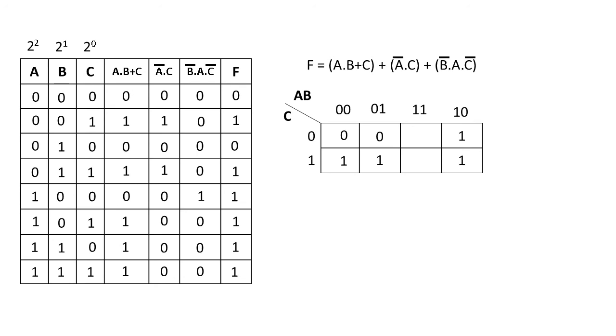Now go to the seventh row, 1 1 0, A1 B1, and C equal to 0. Observe the function value 1 that I have kept over there. And the last row 1 1 1, so A1 B1 and C1, the function value is also 1, that we should keep in this field.